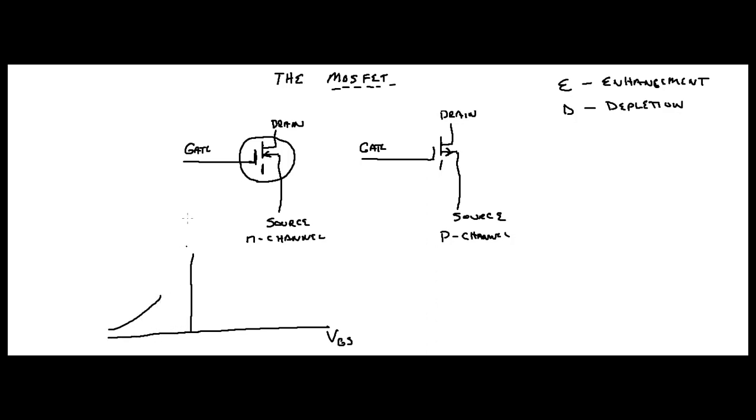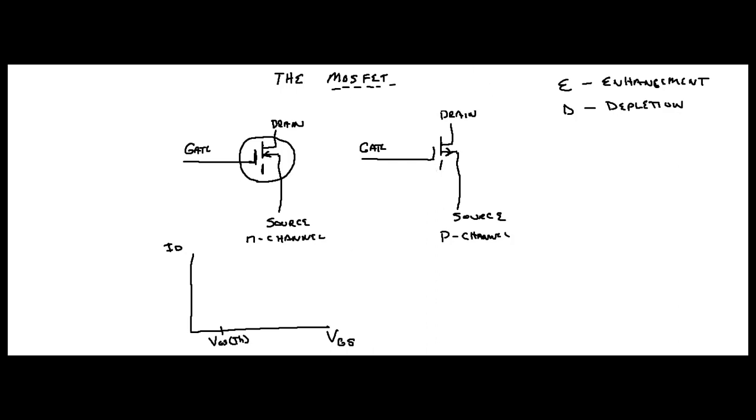And it came up like this. Well, now we're talking about a MOSFET, so it's different. So VGS is here, and this is ID. Here you're going to have a voltage called VGS, and this is your threshold voltage.